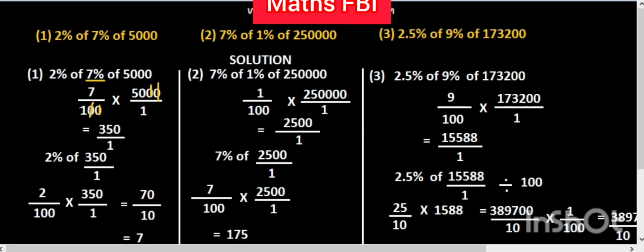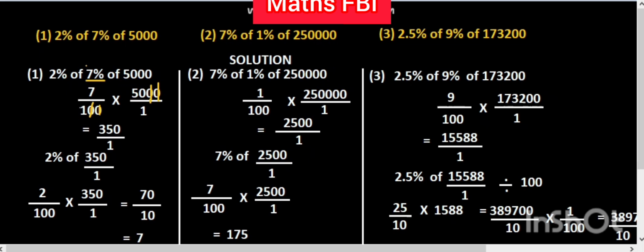So when you multiply 7 by 5, you get 35. 7 times 0, you get 0. So 7 times 50 in essence is 350. Okay, so this 350 represents 7% of 5,000.